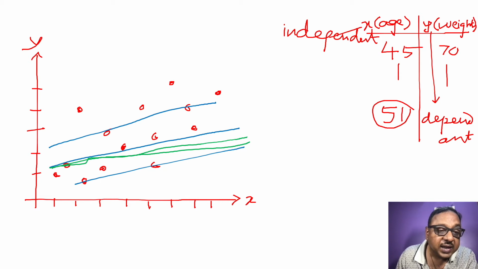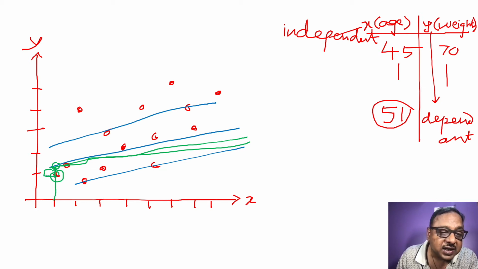Now, on this line, I see the predicted value, that is here, and I see the actual value, that is here. So for this particular value of x, the actual value was here, whereas the predicted value is here. The difference between the actual value and the predicted value is the error in my estimate.